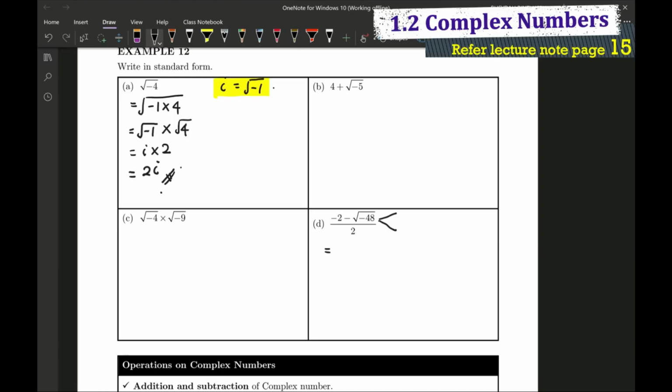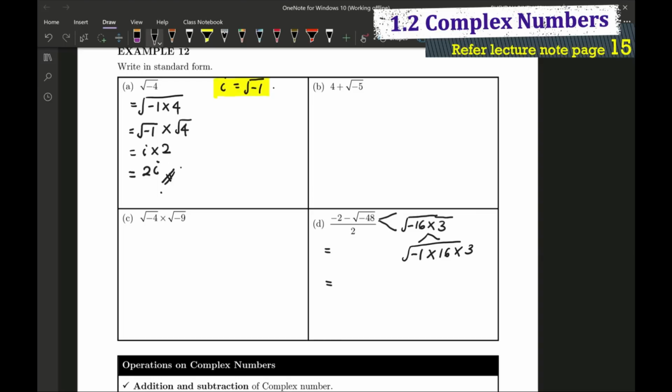It's actually the square root of negative 16 multiplied by 3, right? Okay, so from here we can break this into the square root of negative 1 multiplied by 16 multiplied by 3. Is it? Okay, now we go to our equation.